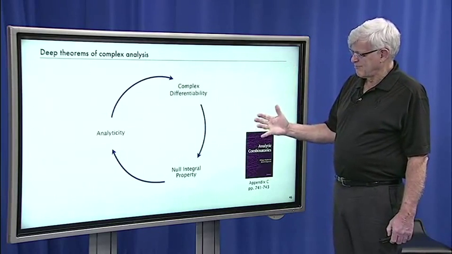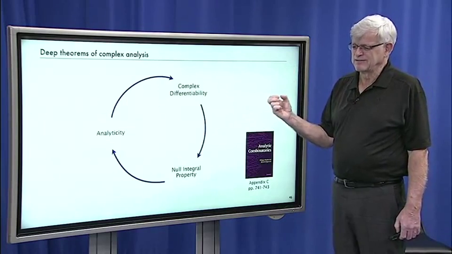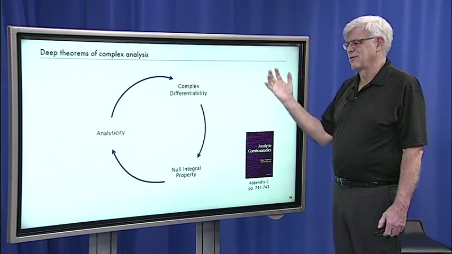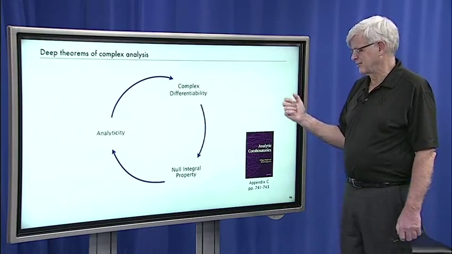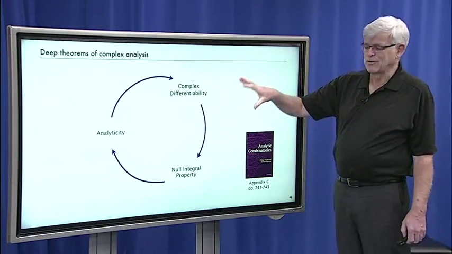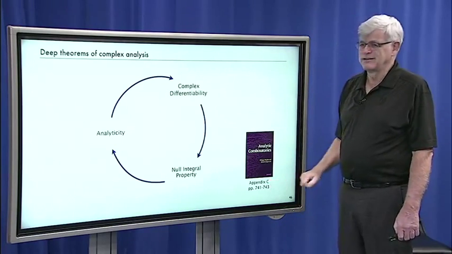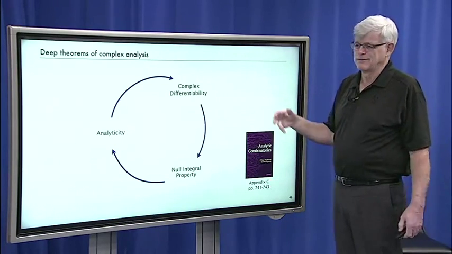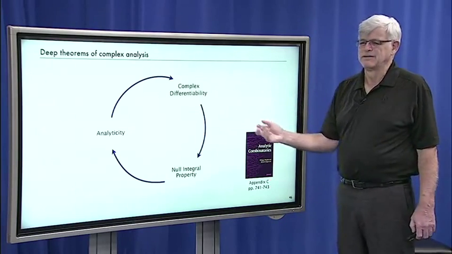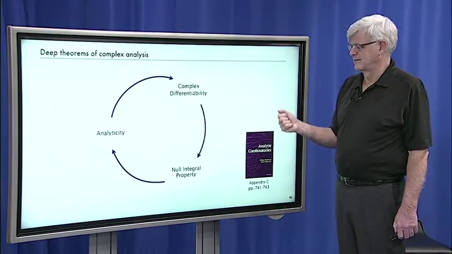In fact, I've mentioned this is really the basis of complex analysis, that I just glossed over by stating these things as axioms. If you want to see a proof that these things are all equivalent, that's in the appendix of the Blue Book, or a course in complex analysis really is about this.